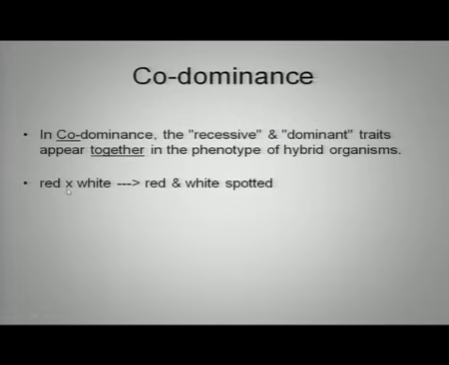For example, when we are crossing a red progeny with a white one, red and white will appear as spots in the hybrid progeny. There is no blending, no mixing.